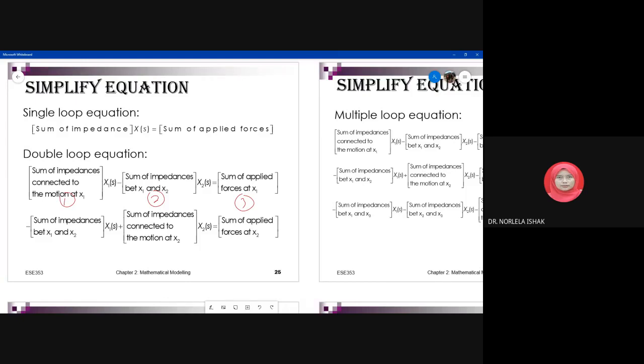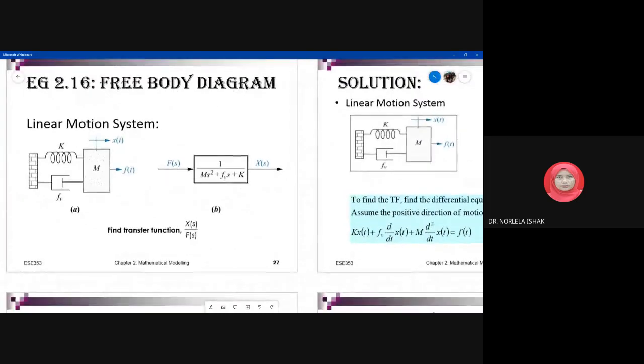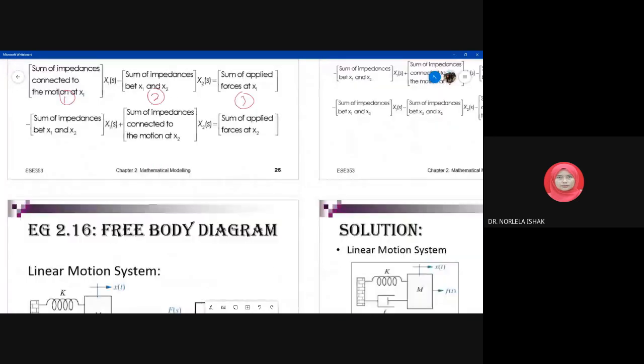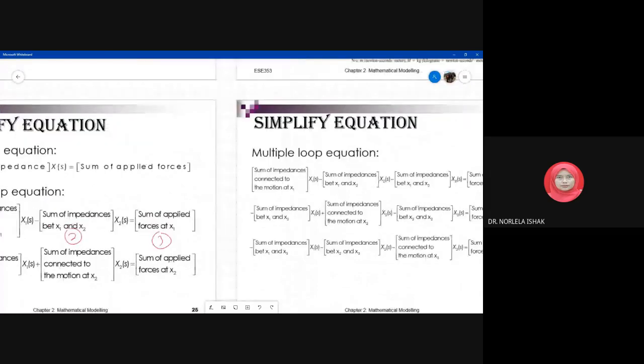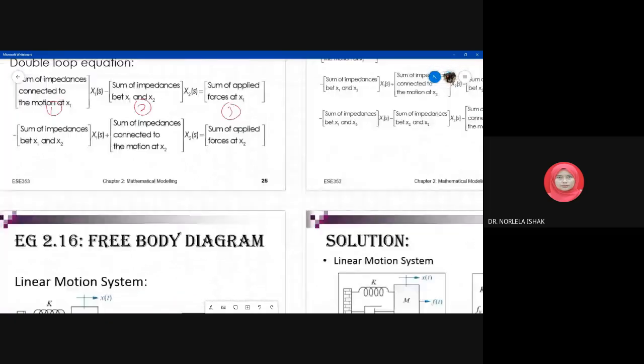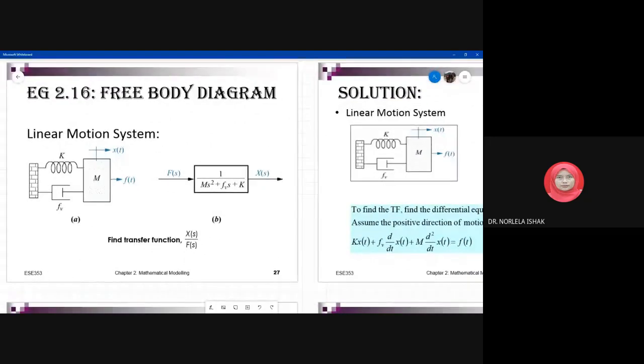So let's see the example. This is a one loop example, for a single loop. Just now I mentioned we have a single equation, double loop, or multiple loop equation. Let's show the single loop. From here I show the free body diagram.